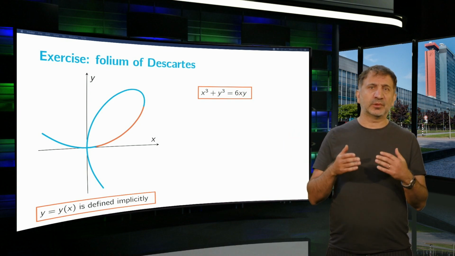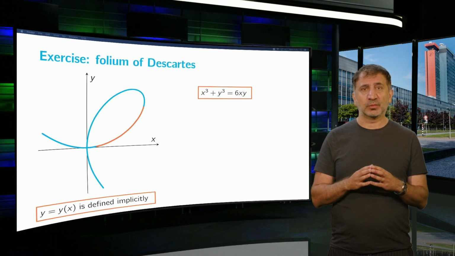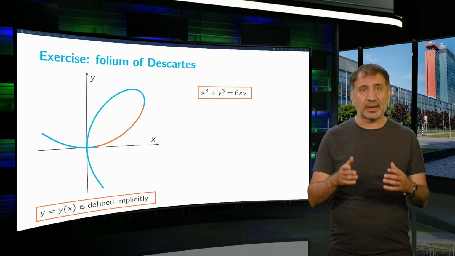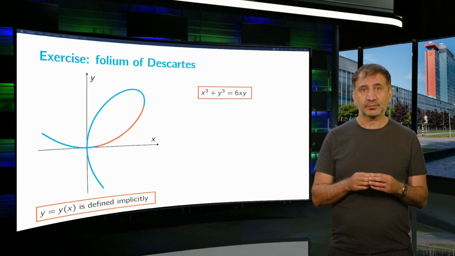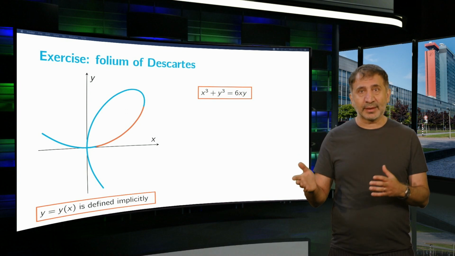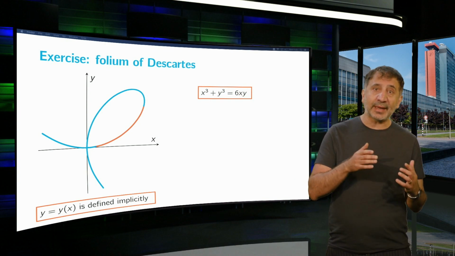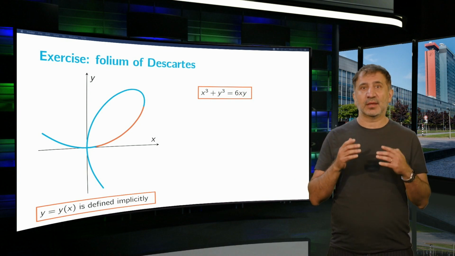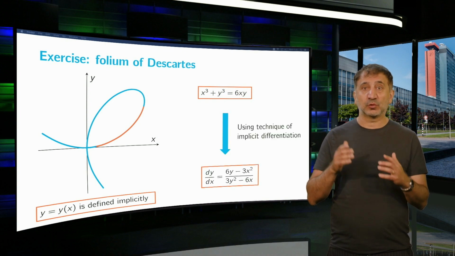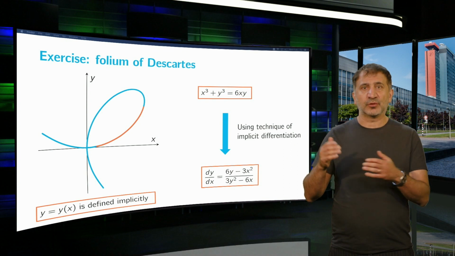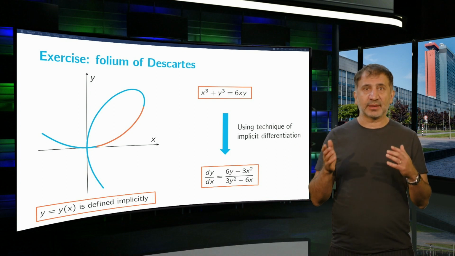Unfortunately, the computation to find an explicit formula for a part of this curve is far more difficult than in the case of a circle. But we can use again the technique of implicit differentiation to compute dy dx without knowing an explicit formula y is equal to f of x. The end result is the formula on the screen, which we leave as an exercise for you.